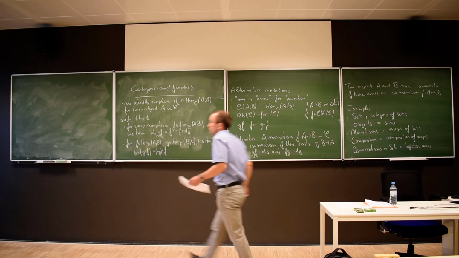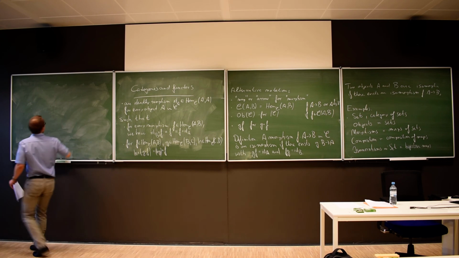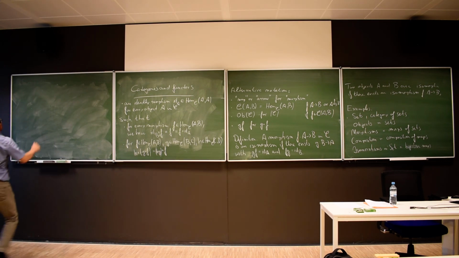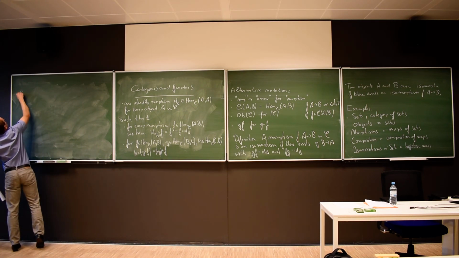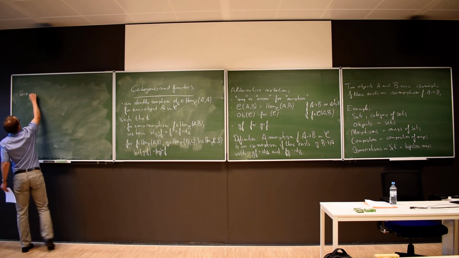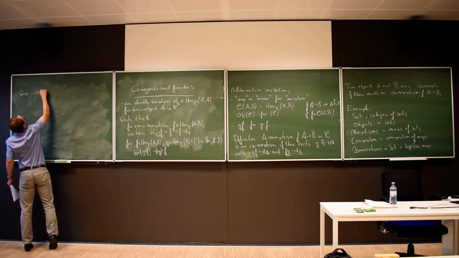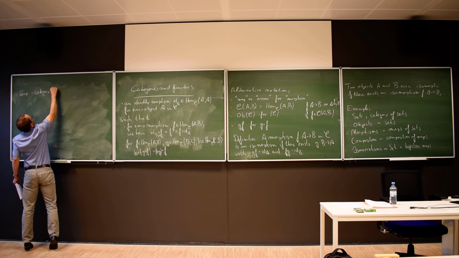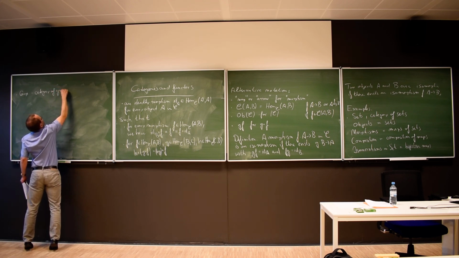So the next example is the category of groups. This I will, for the purpose of this lecture, denote by GRP. So this is the category of groups.